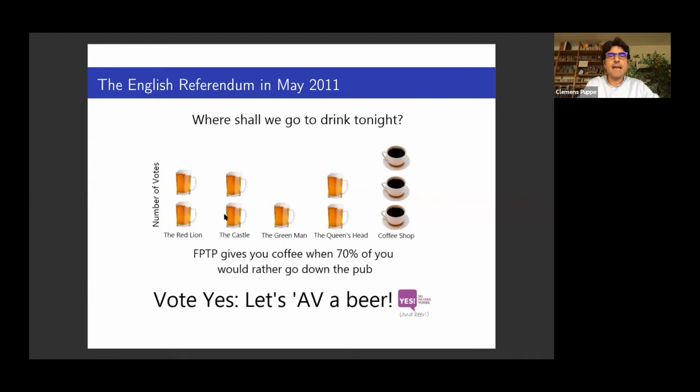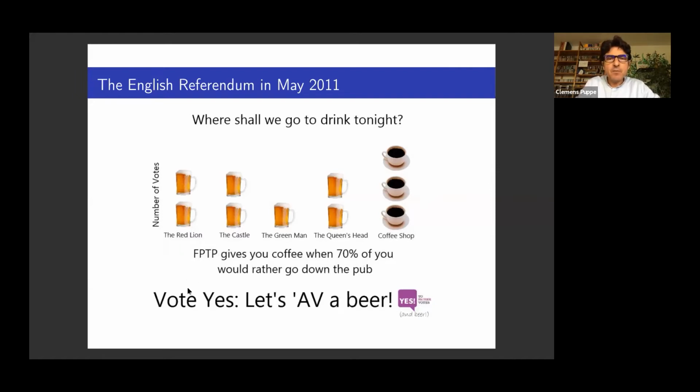Okay, all right. So this was the advertisement actually to abandon this system of plurality voting, which in Britain has a different name. It's called first past the post, but this is simply plurality.